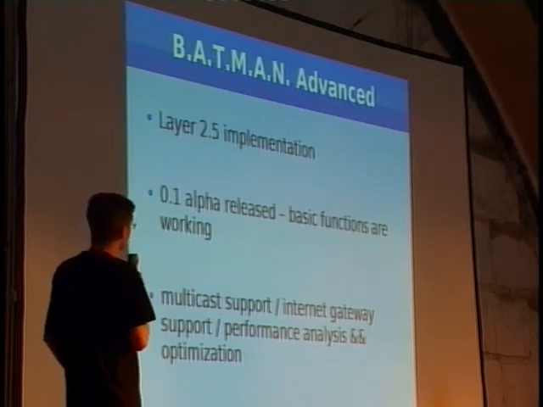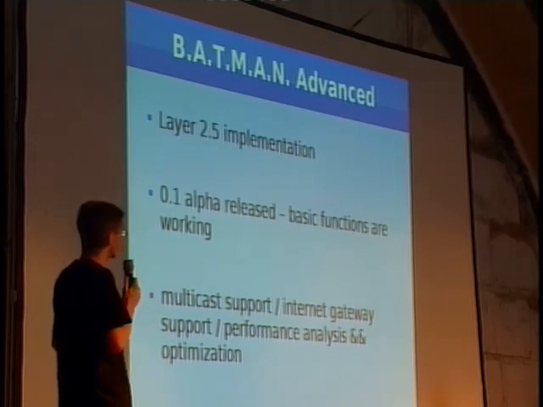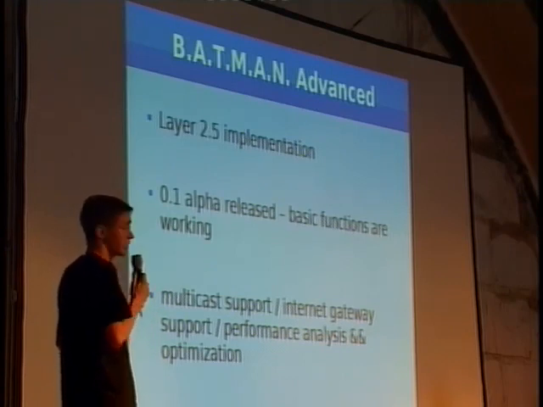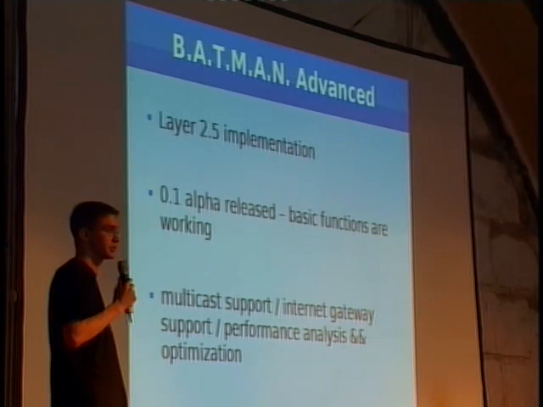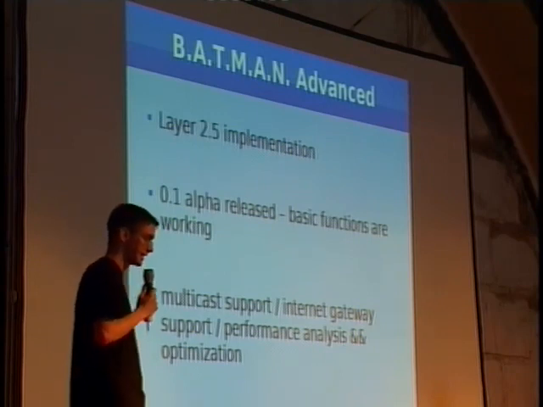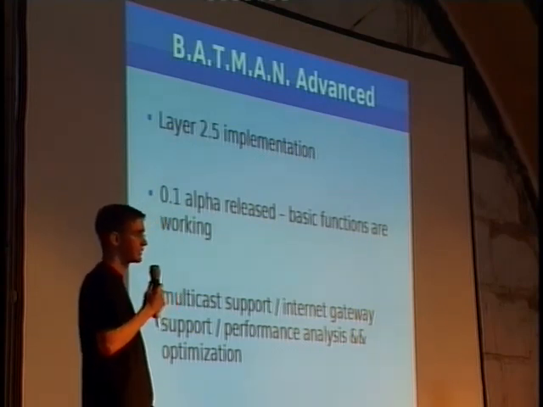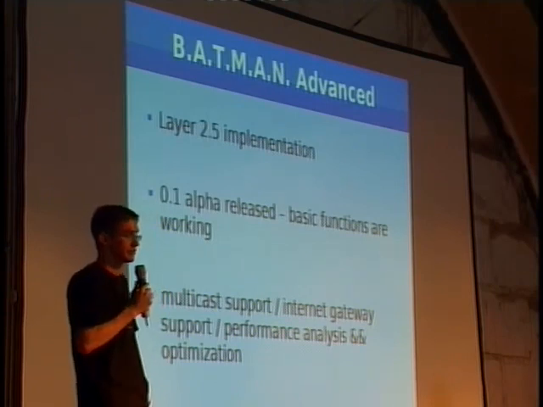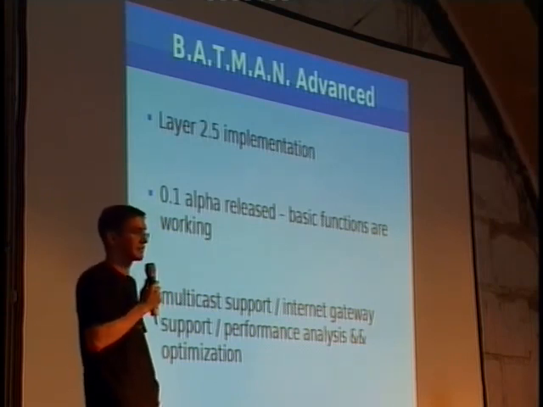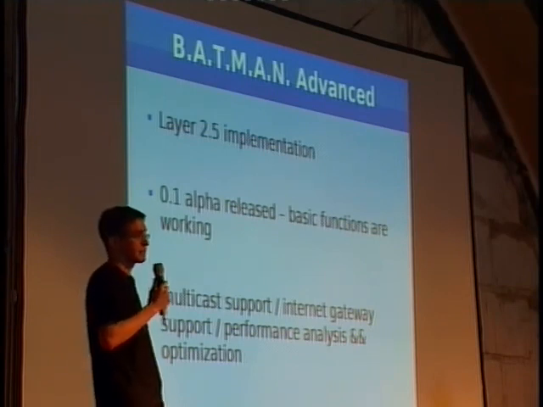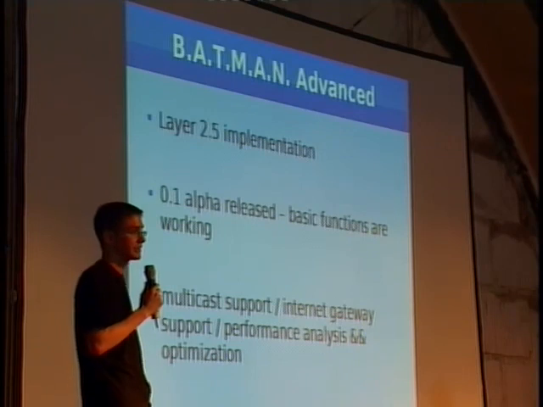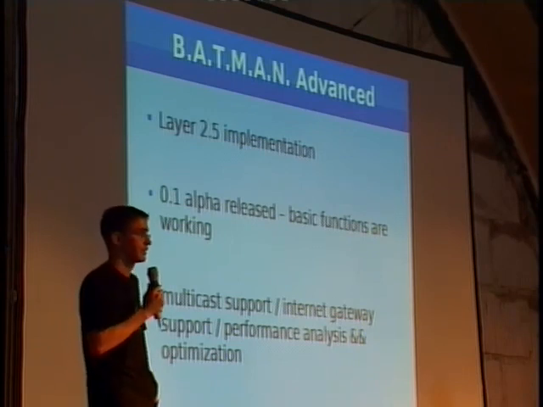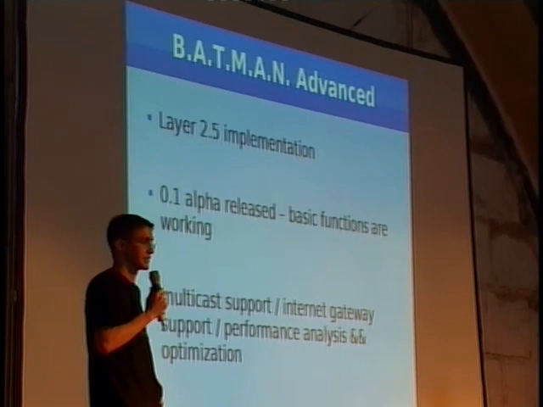We have released the first alpha version. All the basic functions are working, as I mentioned. We also released a set of tools, the so-called Bat tool chain, because if you want to debug your network with ping or traceroute or anything like it, you will find out with Batman Advanced that everything is one hop away, because Batman Advanced creates a switch of your whole mesh cloud, and everything is one hop away for all layer 3 protocols and above.